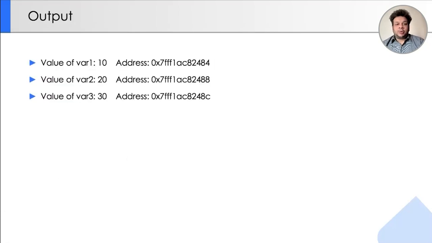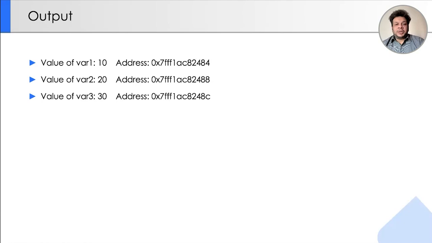So here you can see the output. The values of those variables will get printed once the program is executed, and the addresses will be given at random. Whatever machine address is allocated to that variable will be showcased here.